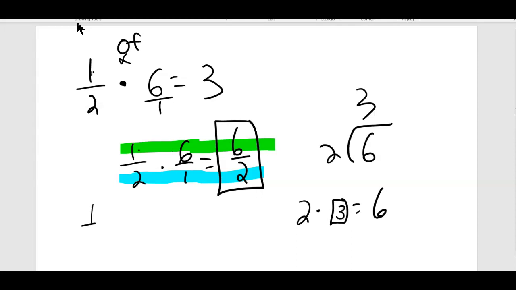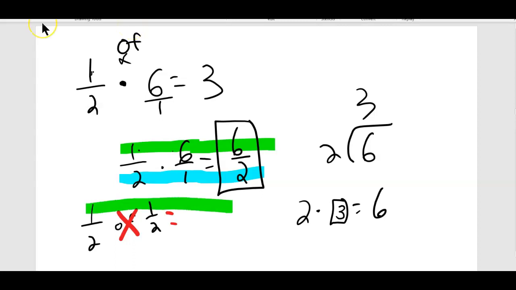What about half of half? Half of half of half. Let's turn that "of" into a multiplication sign. And we can say 1 times 1 is 1. And 2 times 2 is 4. So it's really multiplying. So what's the big deal here?